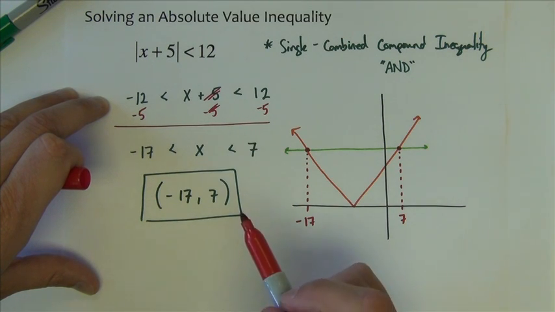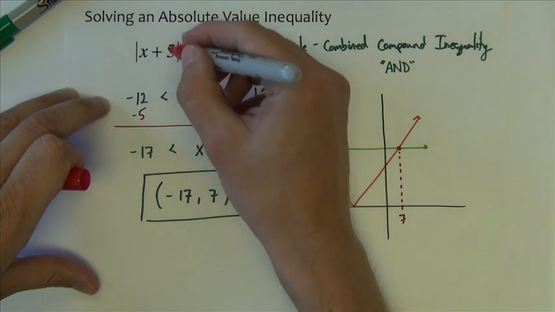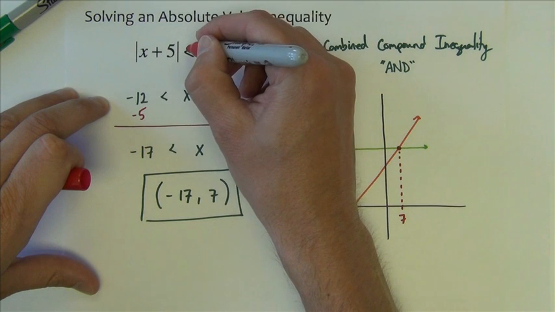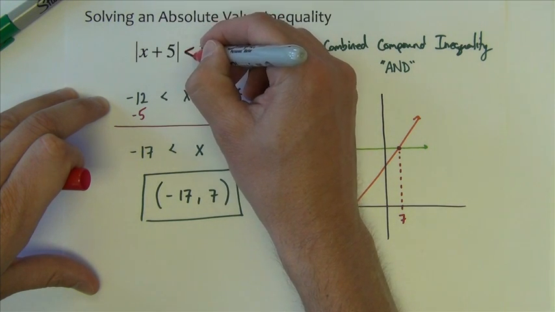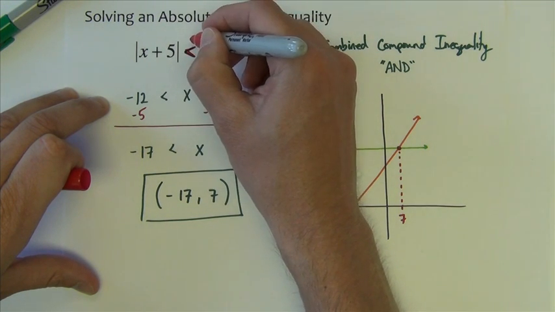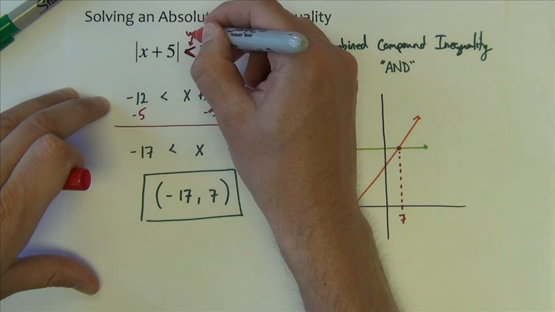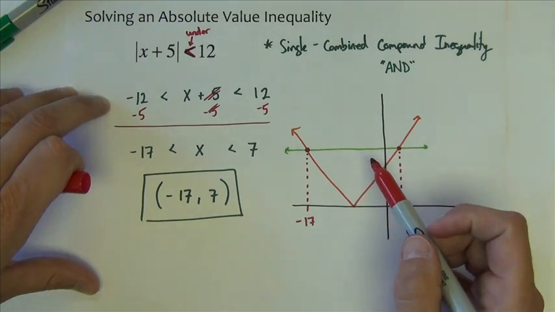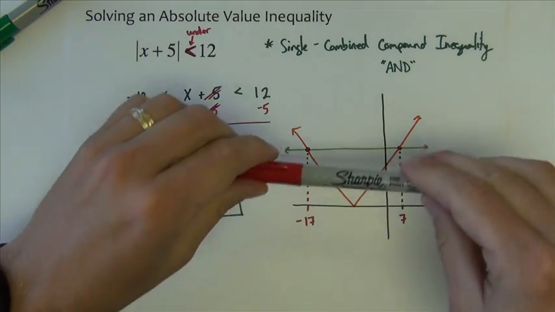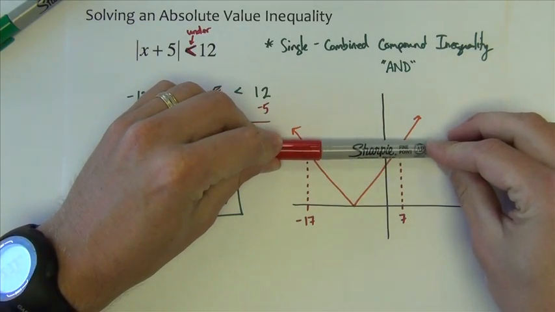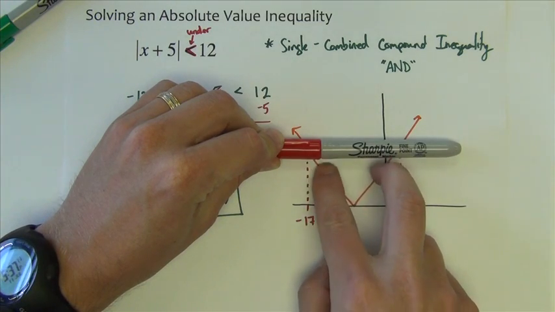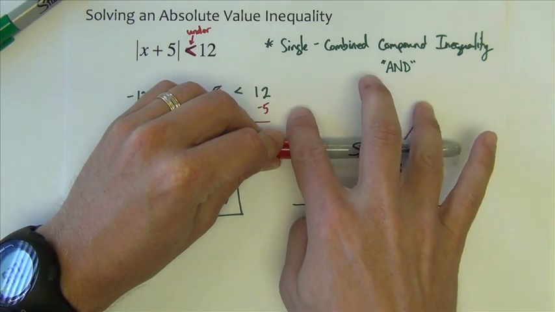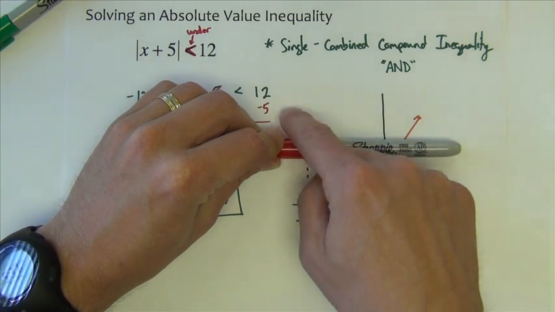Now what I want to know is, where is the absolute value graph, where is the V-shaped graph, less than? So where is it? Think of it as under the line 12. If we look at the line right here that I drew at 12, you see that the graph is beneath it here, and it's above it on the outside over here and over here.